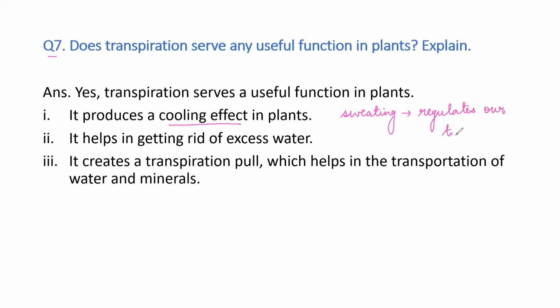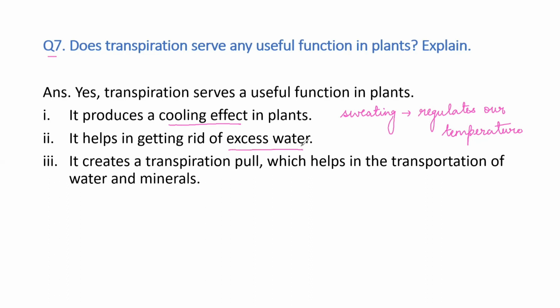Similarly, plants also transpire and it regulates their temperature. It provides a cooling effect. That's why whenever you stand under a tree during a hot sunny day, you feel cool because the plants are transpiring.